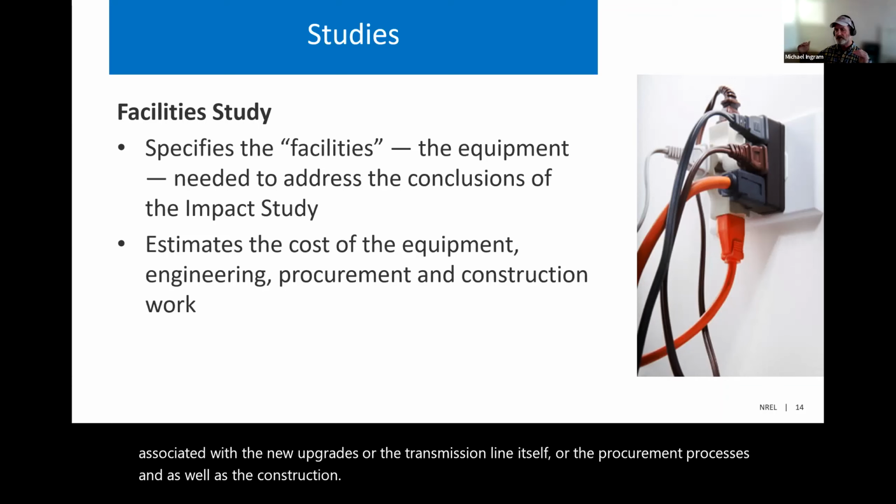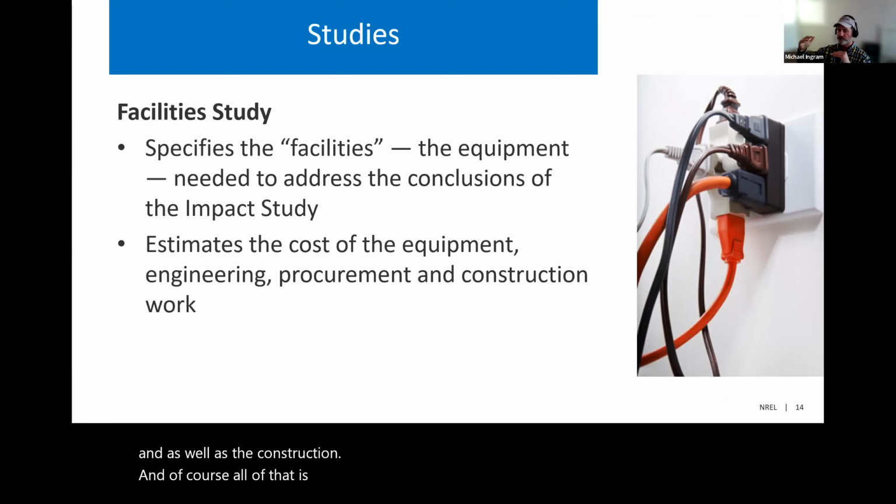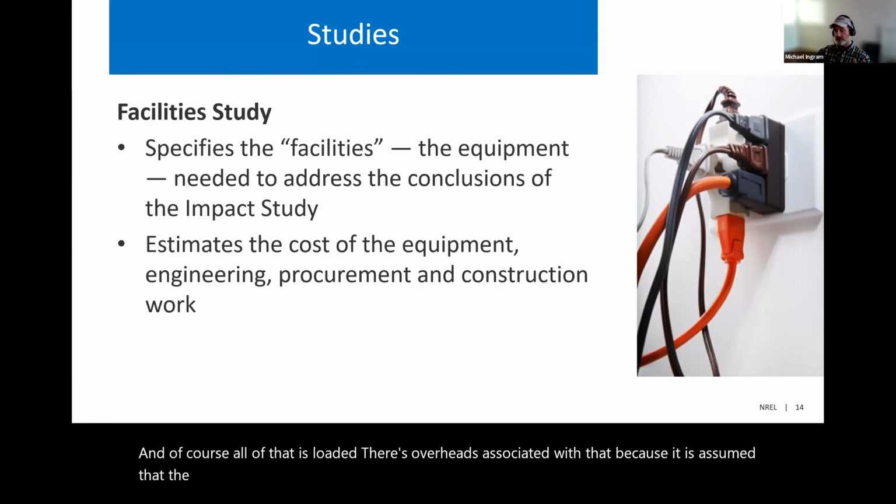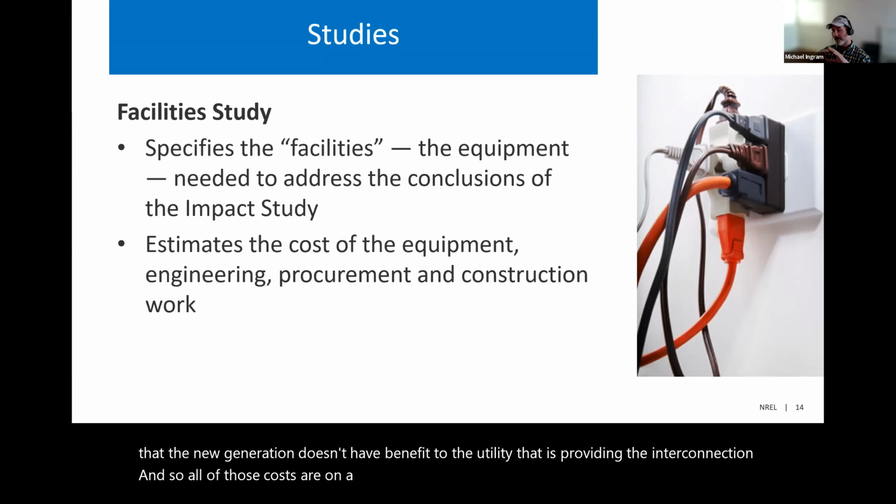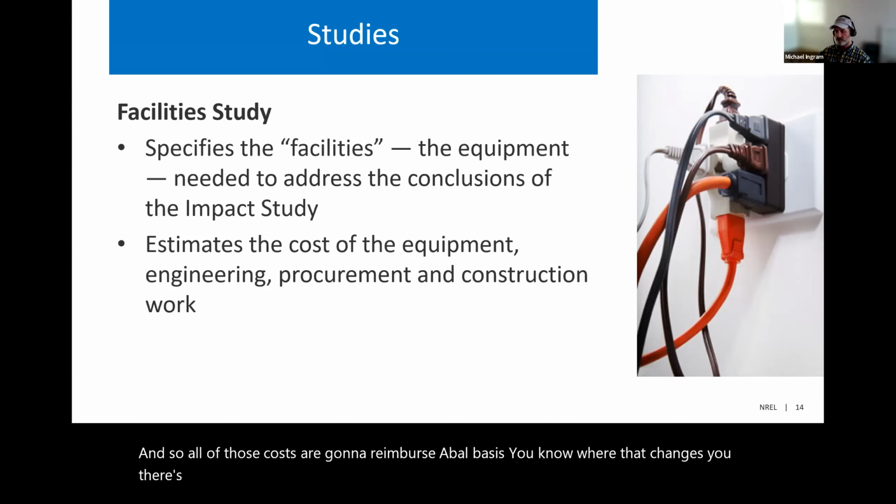And of course, all of that is loaded. There are overheads associated with that because it is assumed that the new generation doesn't have benefit to the utility that is providing the interconnection. And so all of those costs are on a reimbursable basis. Now, there are exceptions to these rules, but that's a different process also.